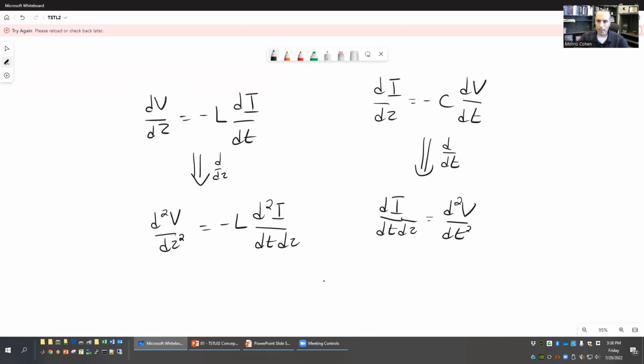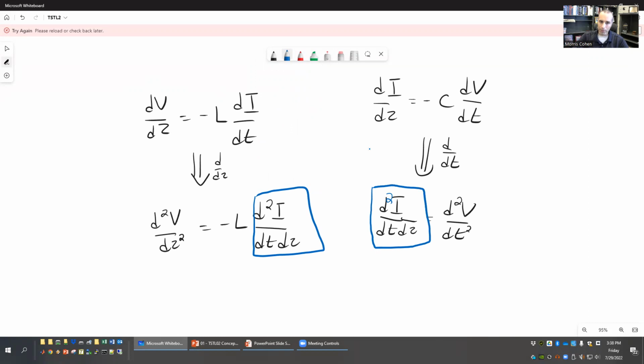Now you should notice that I've got this same term right here, d squared I with respect to dt dz, in both of these two equations. So we can set these equal to each other, solve for them, and thereby remove them.